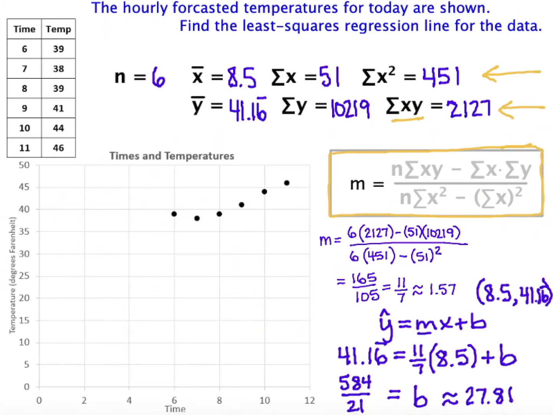And so my line of best fit, my least squares regression line, will be written like this: y hat equals, and I think I like the fractional value for the slope the best, so 11/7 x plus, and then I just have to decide, I should probably stick with the one that's not rounded.